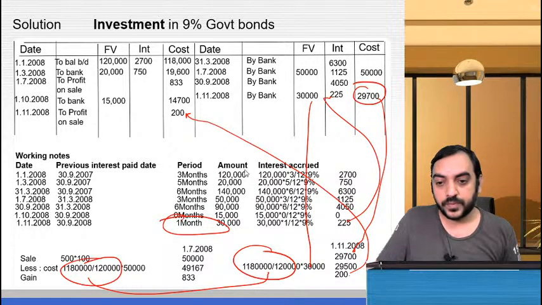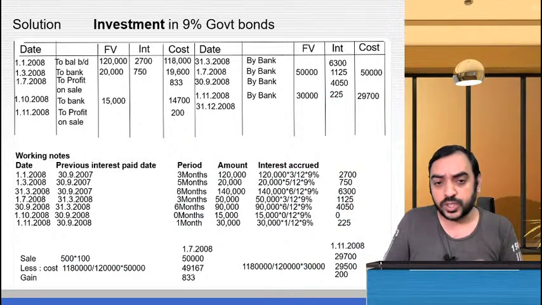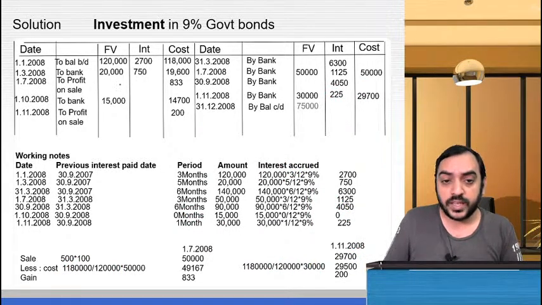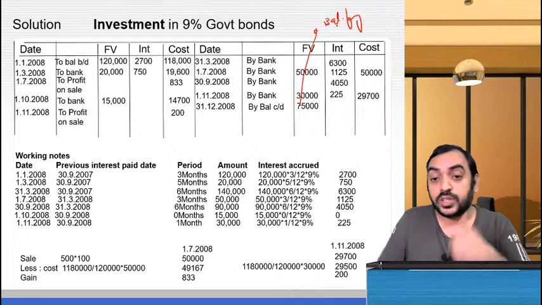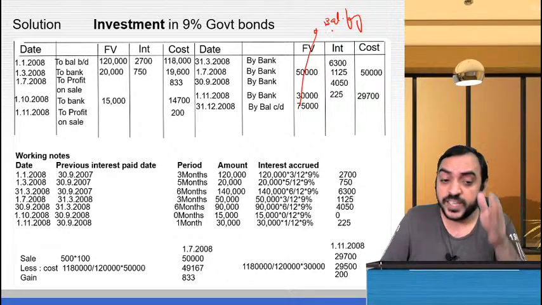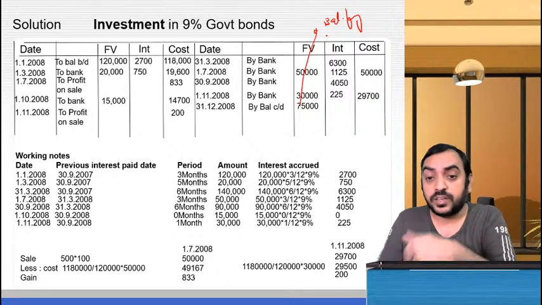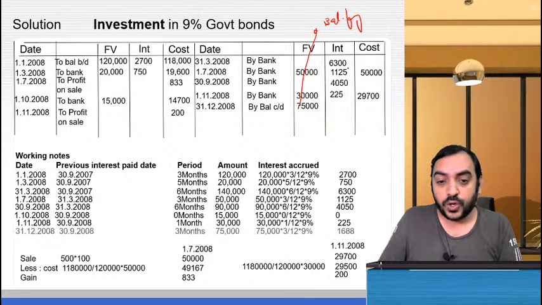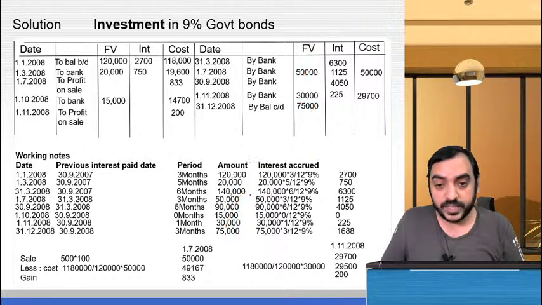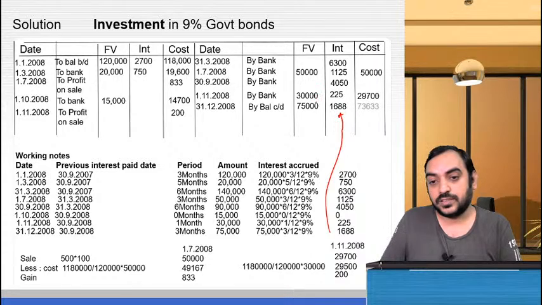Okay, next. Okay, so we have done with the profit on sale. Next, year end 31st December, accounts are closed. You are having a face value balancing figure. This is balancing figure, face value 75,000, and interest accrued from previous date of interest payment, which is 30th of September till December, for a period of 3 months. So on 75,000, interest for a period of 3 months, 3 by 12, 9%, interest accrued, closing balance 1688.